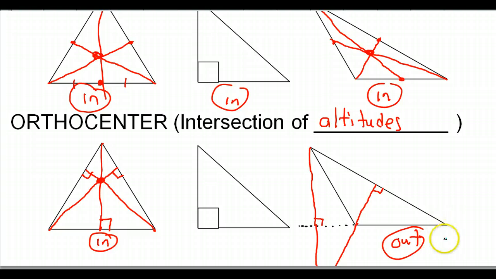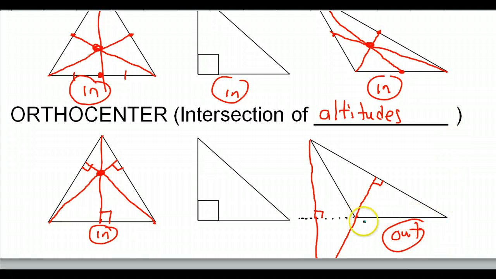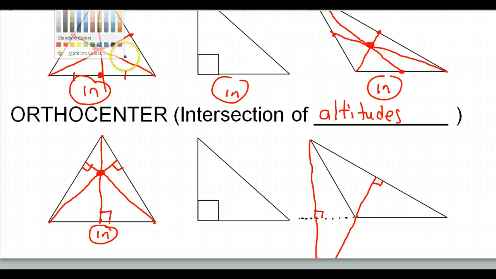Just for fun, if I went to do the other one, the other side, the other altitude, it would look like this. Again, I'm trying to go from a vertex to a perpendicular, but that's going to be outside of the triangle. So I need to extend this side a little bit with maybe some dotted lines.